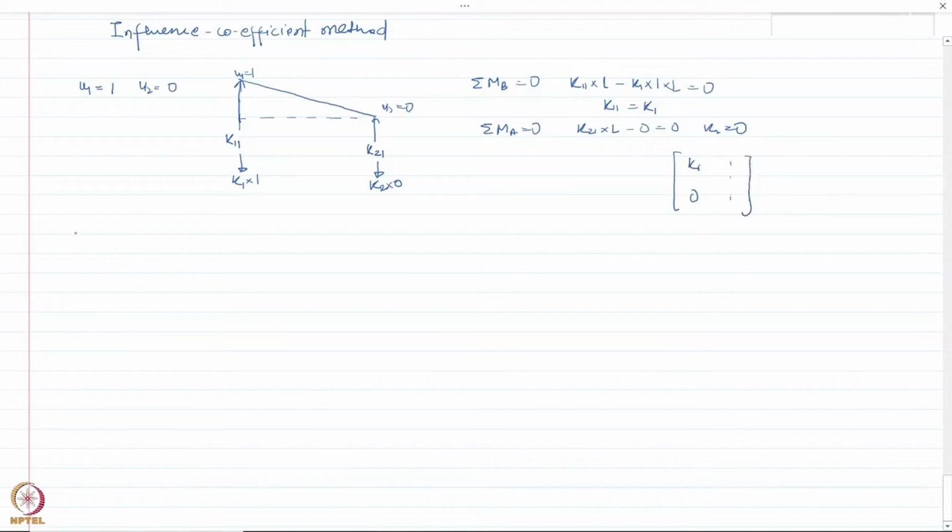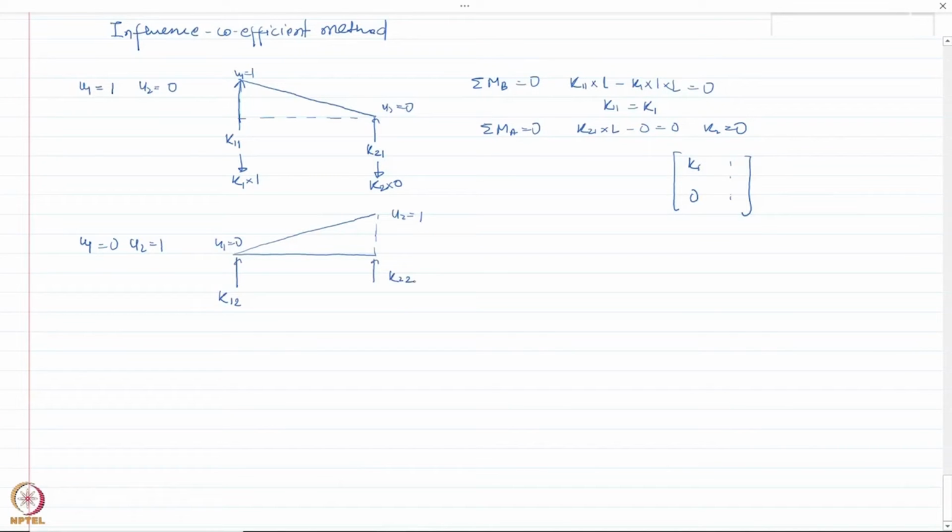For the second column, let us say u1 equal to 0 and u2 equal to 1. So in the second case, I will have a deformation state similar to this one, u1 equal to 0, u2 equal to 1. I will have to apply the forces, which are the force at degree of freedom 1 due to unit displacement at degree of freedom 2, and the force at degree of freedom 2 due to unit displacement at degree of freedom 2.